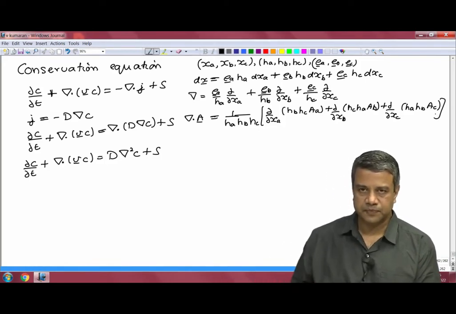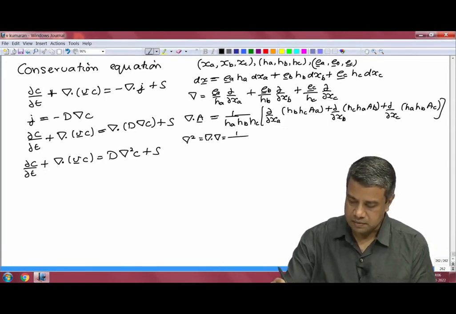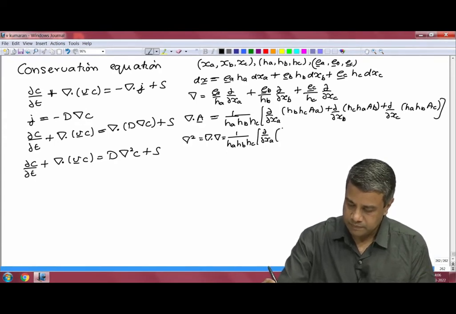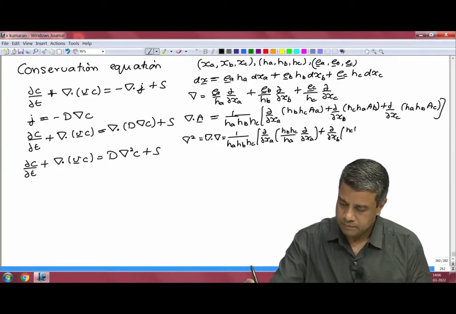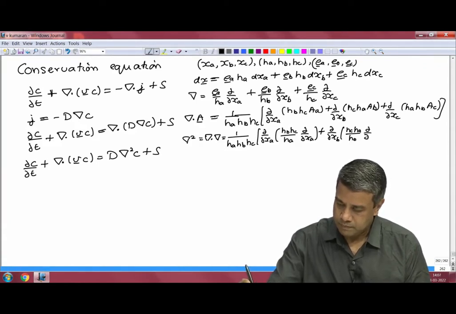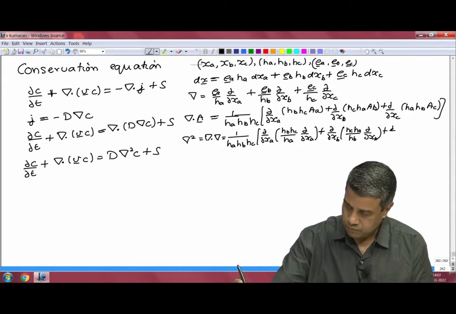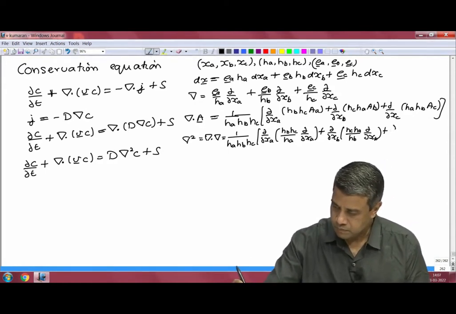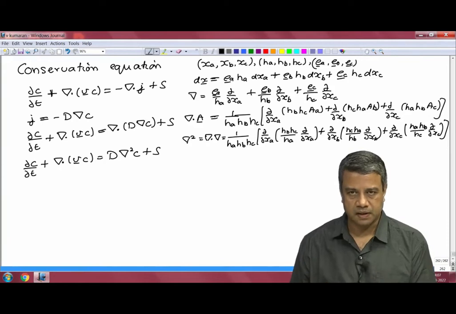That is the reason for the divergence. And the Laplacian del square was the divergence of the gradient. So, these operators we had derived.